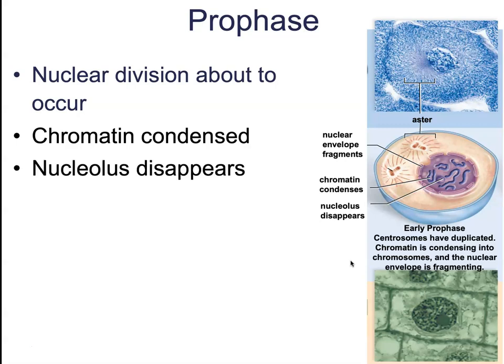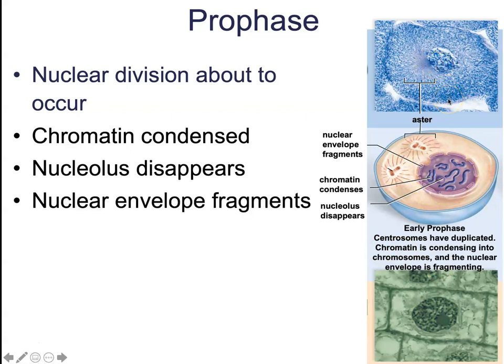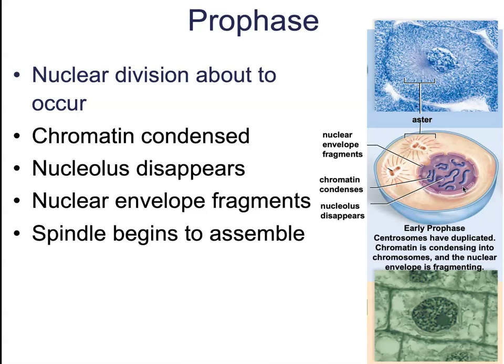So the chromatin is going to condense. The nucleolus is going to disappear, and the nuclear envelope is going to start to fragment. We're going to see that nuclear envelope start to slowly dissolve and disappear because we need to expose those chromosomes so we can separate them.